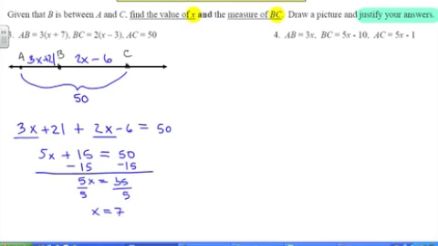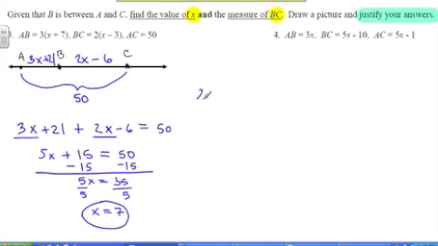Okay, now I'm going back to the directions. Have I done what I'm supposed to do? Well, I found x, but I'm not done because I'm also supposed to find BC. So this is the first part of what I was supposed to do. The next part is find BC, so I need to plug in x right here because BC is 2x minus 6 and find BC.